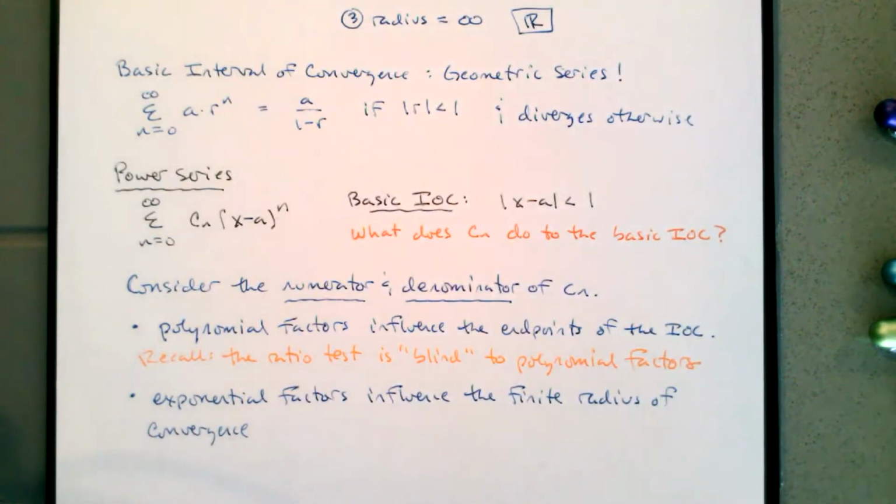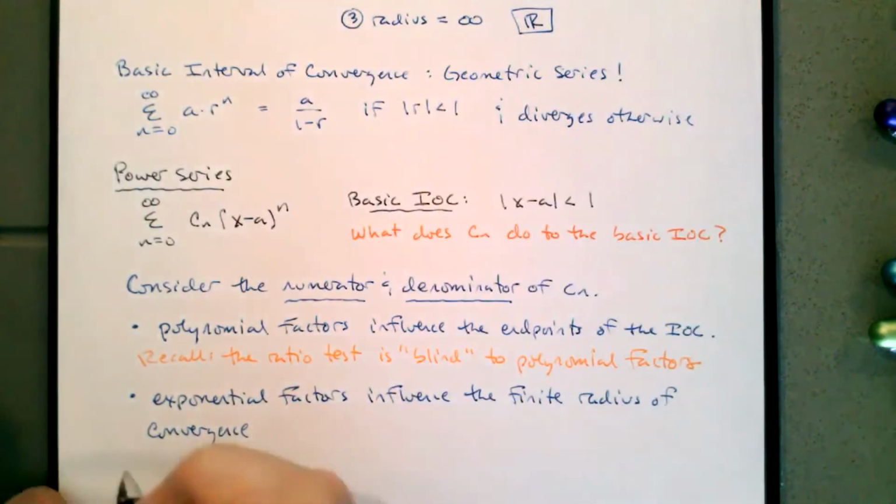To get a 0 radius of convergence or an infinite radius of convergence, we're going to see factorial factors. Factorial factors open up the possibility of a 0 radius or an infinite radius.